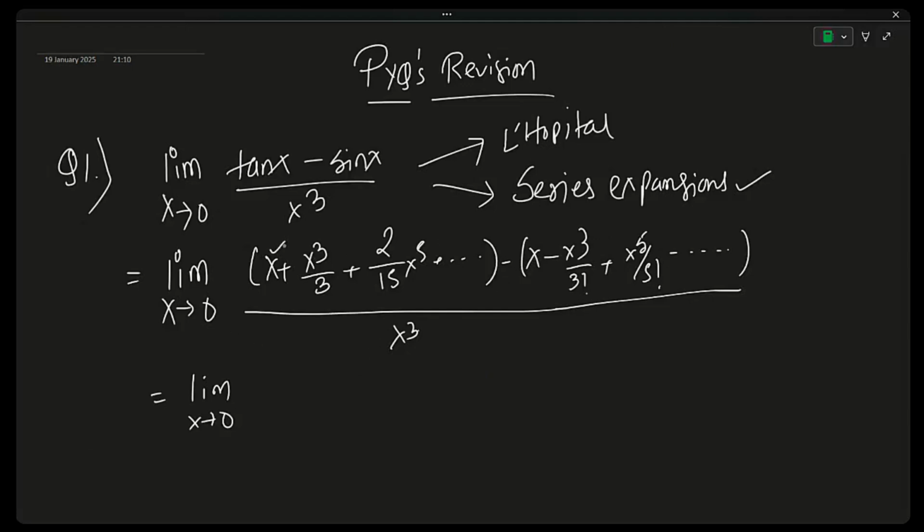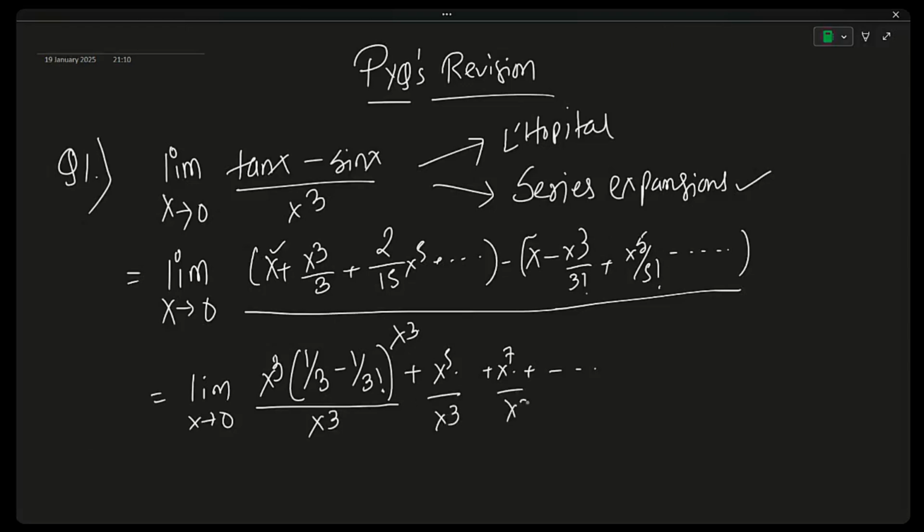First of all, see that x and minus x get cancelled. Secondly, if I take x cubed common, it will become 1 by 3 minus 1 by 3 factorial. And then all the other terms like x to the power 5 into something plus x to the power 7 into something and so on will not be useful, because you can separately write them like this.